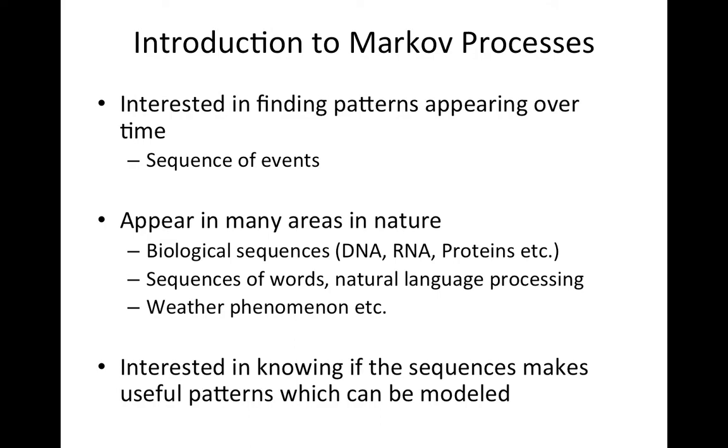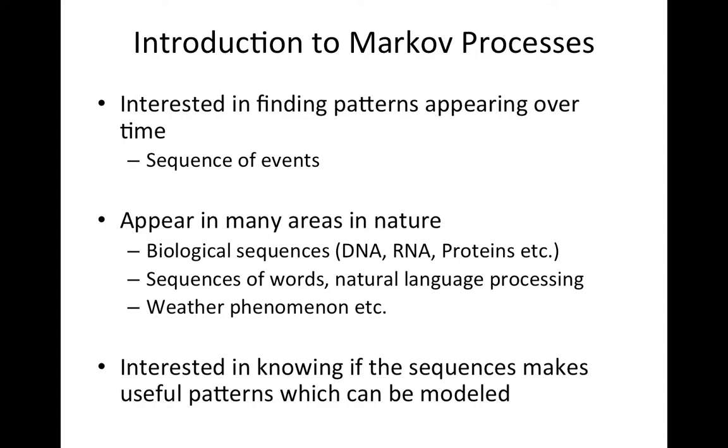Okay, so we are primarily interested in finding patterns that appear over time. We are interested in a sequence of events, and such processes appear in many areas in nature, right? Consider biological sequences: DNA, RNA, proteins. And also sequences of words when it comes to natural language processing. And weather phenomena, right?